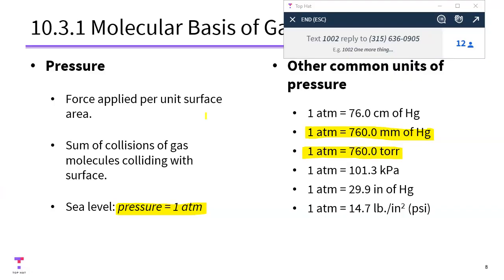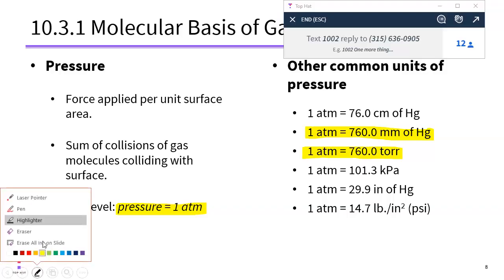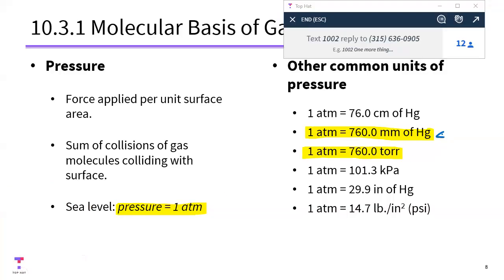Now, one thing that you should notice about both of these units is that they appear to be the same, and that's because they are, in fact, the same unit. Why do we have 2 units to describe the exact same measurement? History. This goes back to the barometer. The barometer was invented by a man by the name of Evangelista Torricelli. His barometric scale used, you guessed it, millimeters of mercury.